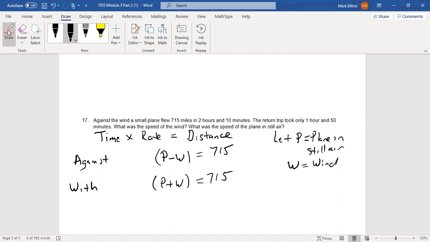So 2 hours and 10 minutes is 130 minutes. So we put 130 over 60 to convert that to hours. The return trip took 1 hour and 50 minutes. So an hour is 60 minutes, and another 50 minutes gives us 110 minutes. And again, converting it to hours, we divide by 60.